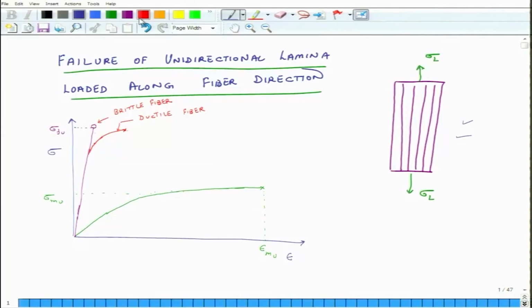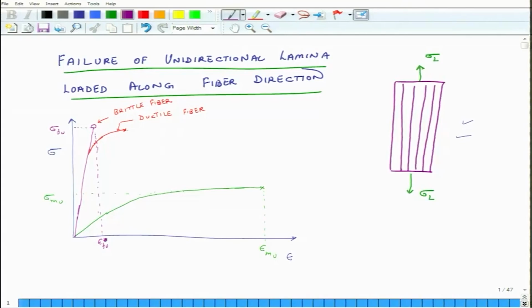We note that typically the failure strain of fibers, so what is the failure strain of fiber for the brittle fiber? This is epsilon Fu.